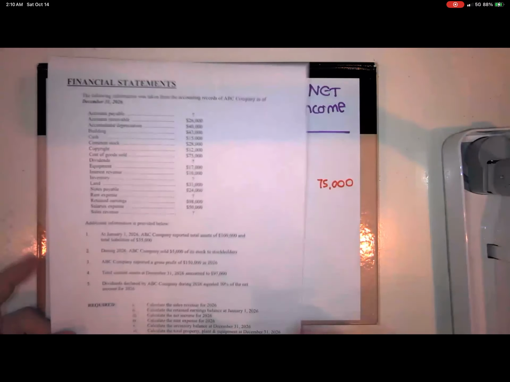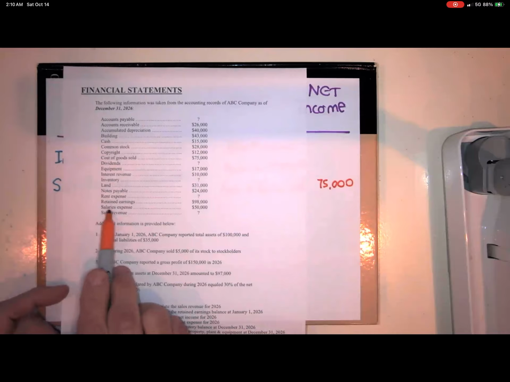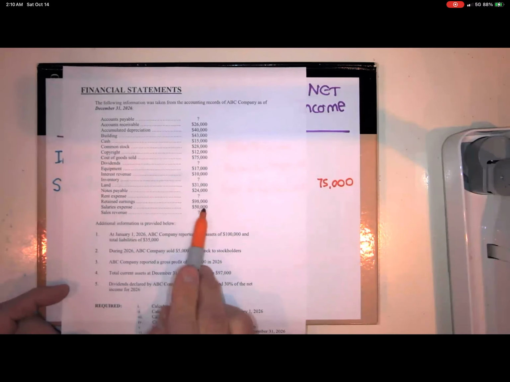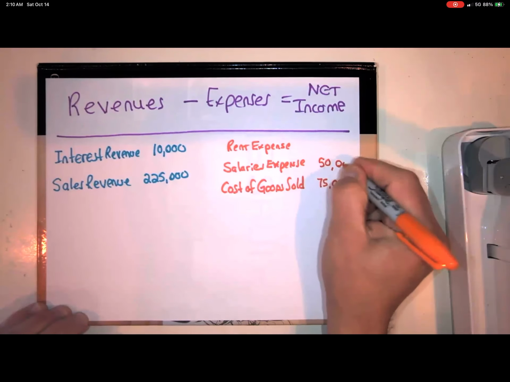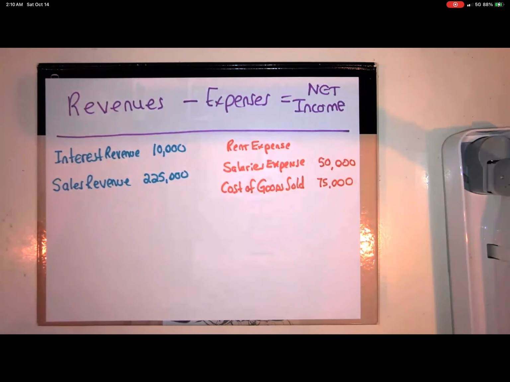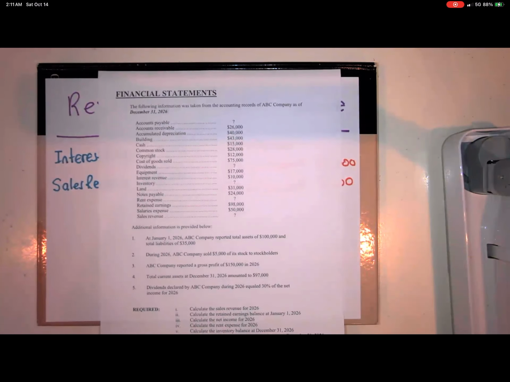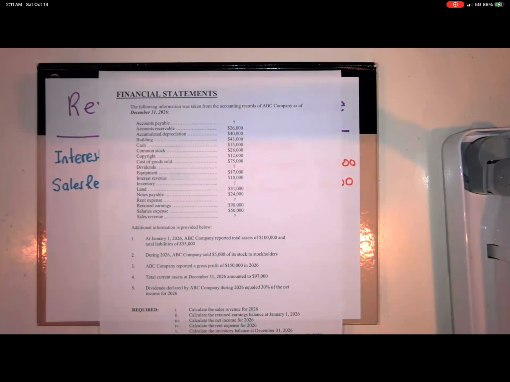And if I jump down here to salaries expense, $50,000. Chloe, can you do one more thing for me, please? Just tell everybody, what is the balance that I gave you in the problem for the rent expense?